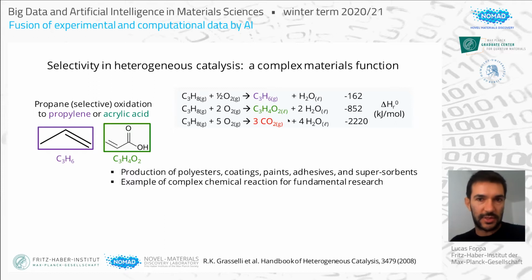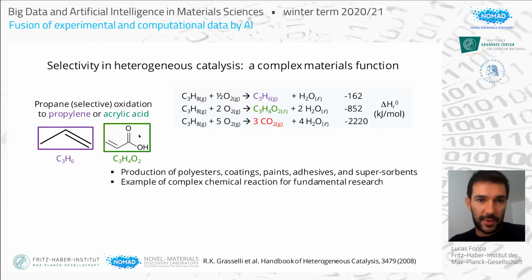And this is, of course, undesirable. And the big issue here is that this is the thermodynamically favored product. As you can see from the enthalpy of the reaction, it is very favorable to form CO2, and we don't want that. So we want a good catalyst that enables the transformation of the initial propane to propylene and acrylic acid without producing CO2. So this is why the selectivity here is an important issue.